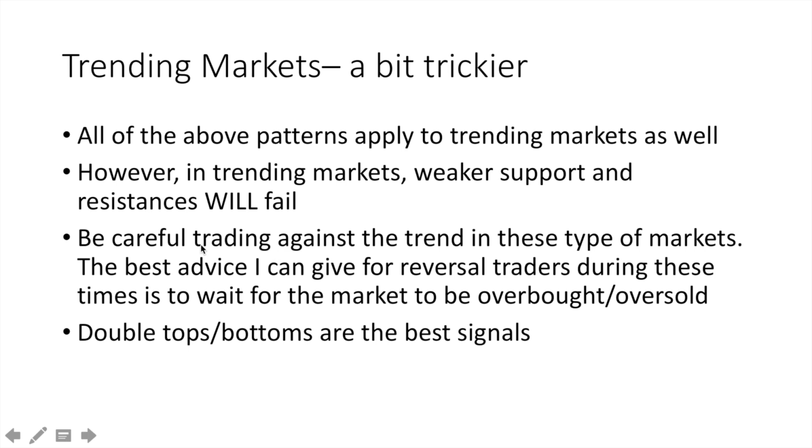And so, like I said in this third bullet point here, be careful trading against the trend in these types of markets. If you're trading support and resistance in a trending market, the best advice I can give to you is just wait for an overbought or oversold market, or wait for a double top or double bottom. Those are the only times when it's safe to trade against the trend at a support and resistance.